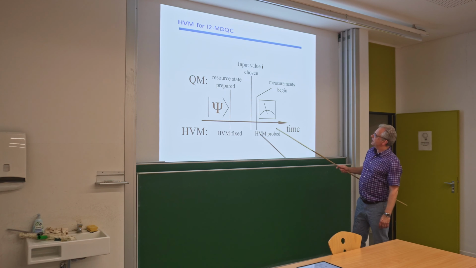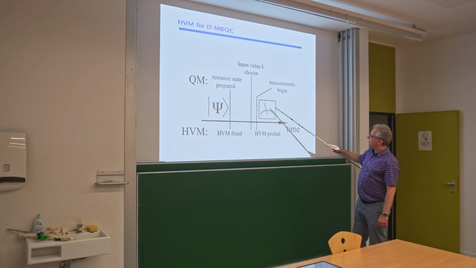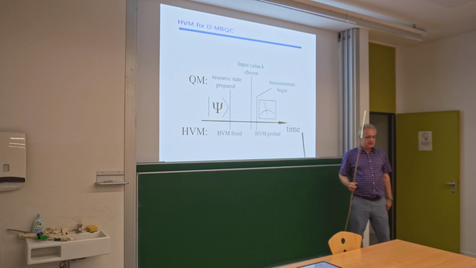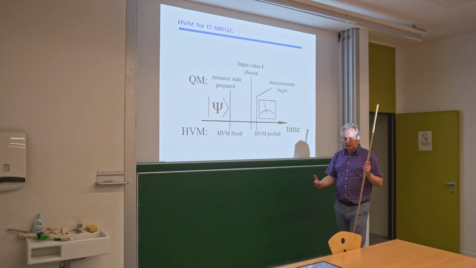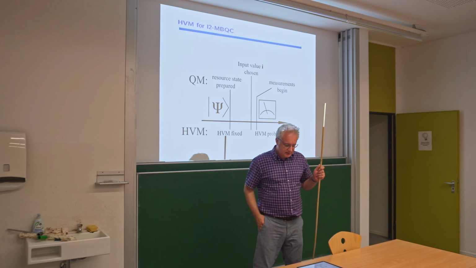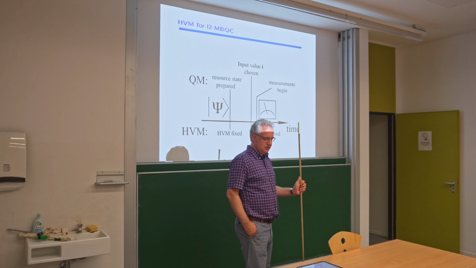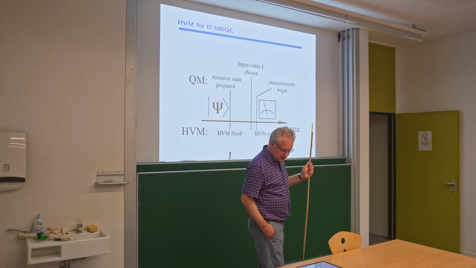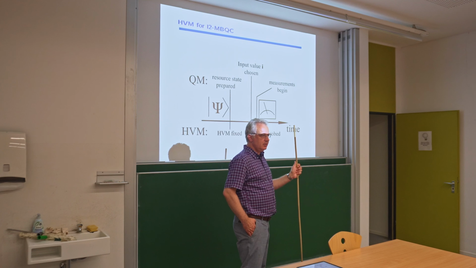Then for a long while nothing happens. Then the input is chosen, and then the measurement sequence begins and eventually leads to the computational output. That is the setting that we refer to. This is supposed to connect the hidden variable model idea to measurement-based quantum computation. Okay, so that was the preparation, and we can now begin to figure out what we can say about such scenarios.